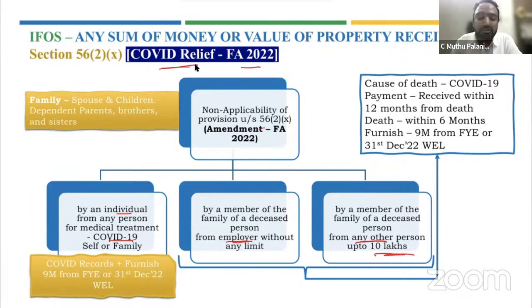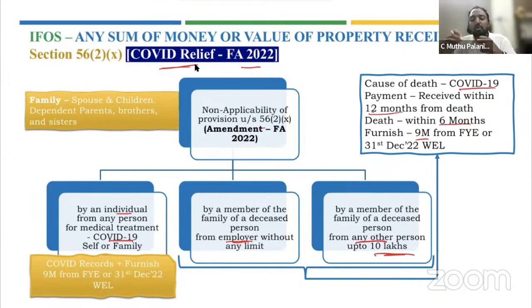And in both these situations, the person is no more. He has passed away because of COVID, and he received this payment within 12 months from the date of death. And from the date of death, within 6 months, this should have been processed. So you should have the records in hand. The COVID record should be available, and it must be furnished within 9 months.